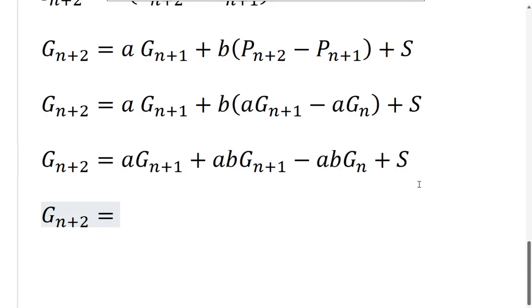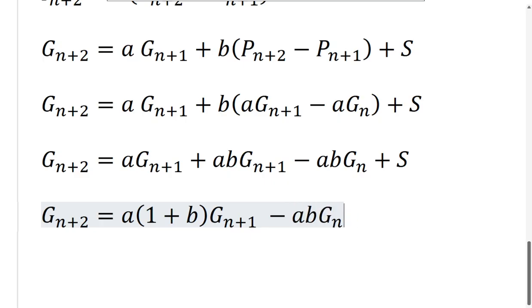So in terms of our n plus 1s, we have a times 1 plus b times g(n+1) minus ab g(n) plus s. So it just groups the n plus 1s together, and from memory we want everything on the left and the s by itself on the right, so I'm going to do that, and I'm going to be lazy about it.